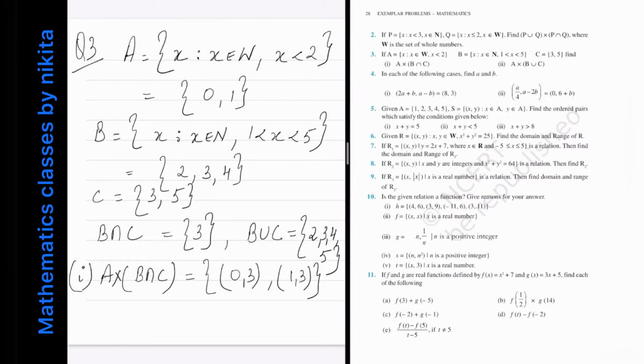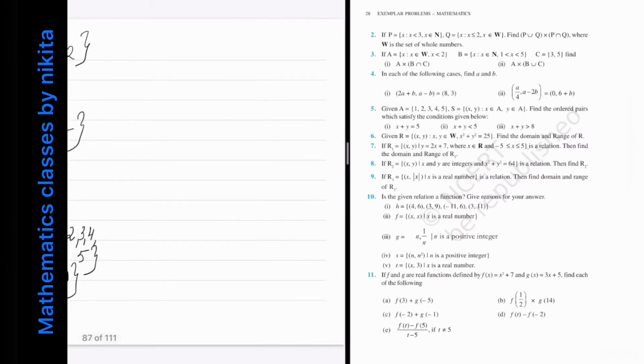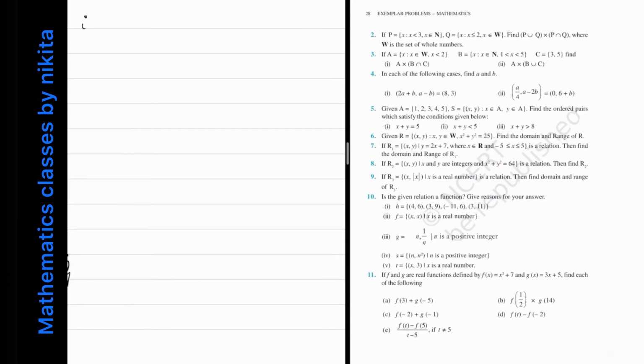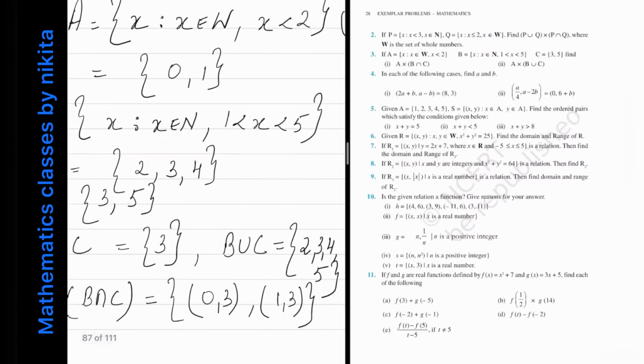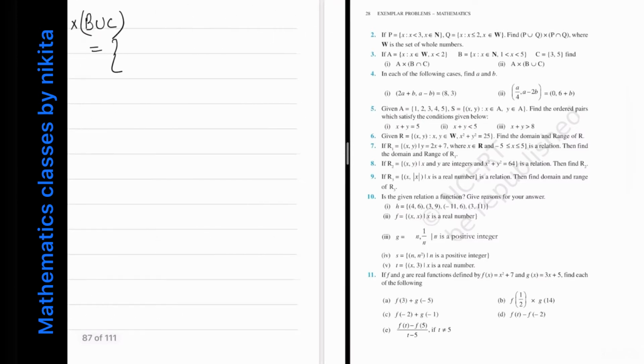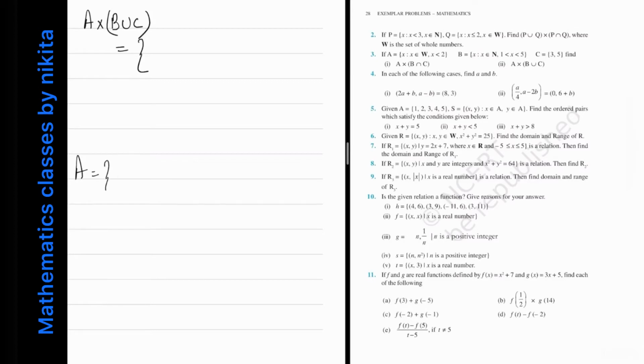Now next we have to find what is A cross (B union C). So this will be equal to, the set A is 0, 1 and B union C is 2, 3, 4, 5. So let me write A is 0, 1 and B union C is 2, 3, 4 and 5.